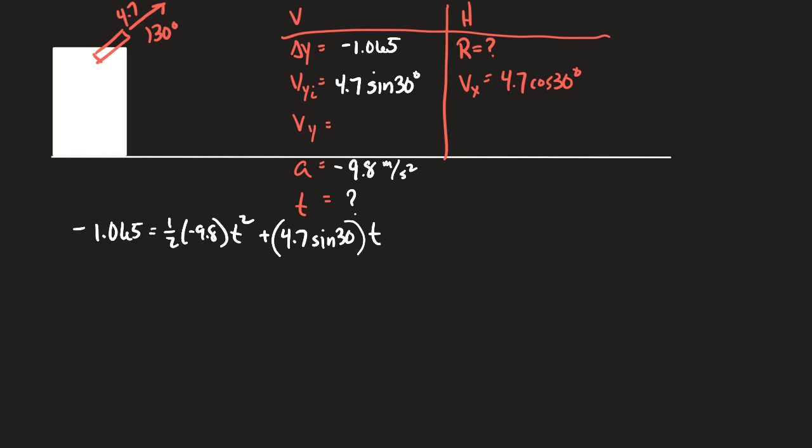You've got to make your quadratic formula work for you here. And we want the positive value of time. I suspect it's about 3/4 of a second, but I don't know for sure.